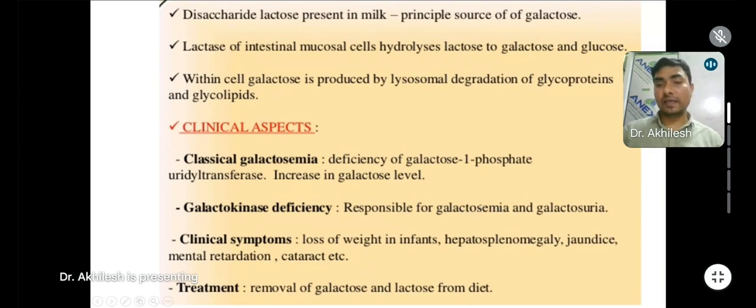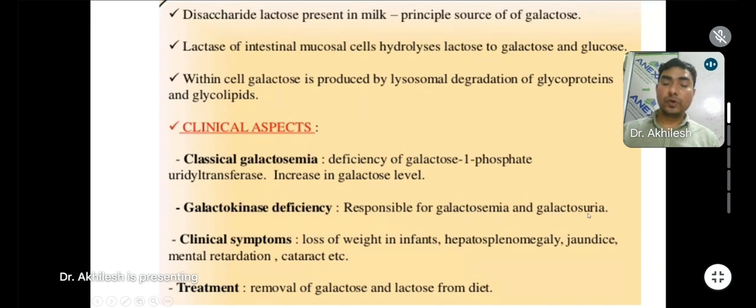Whenever you see the word ending in emia, it means a particular molecule is more in serum. Since galactose is not properly digested, it comes into serum and you have galactosemia. If such sugars persist for a prolonged time, they affect the cellular membrane and cell permeability.